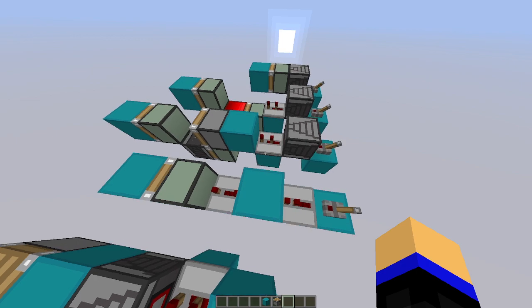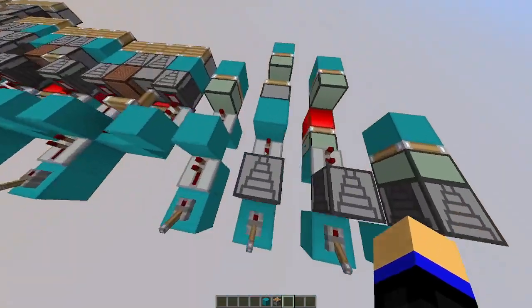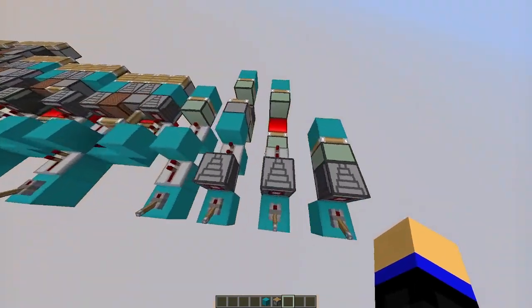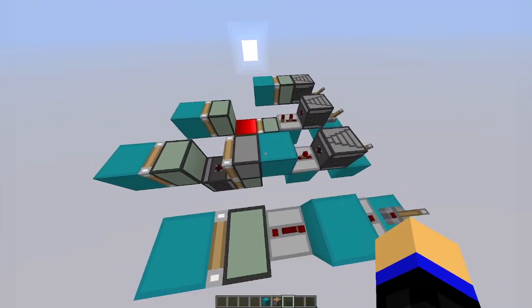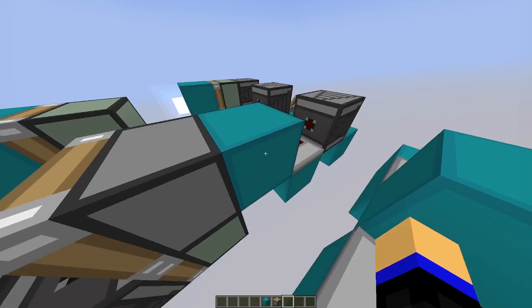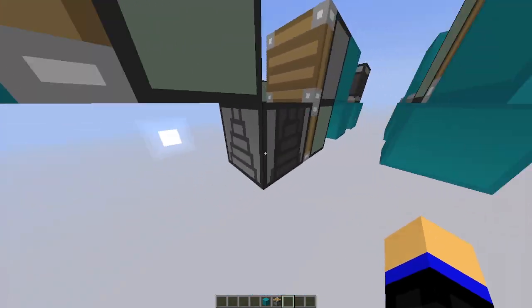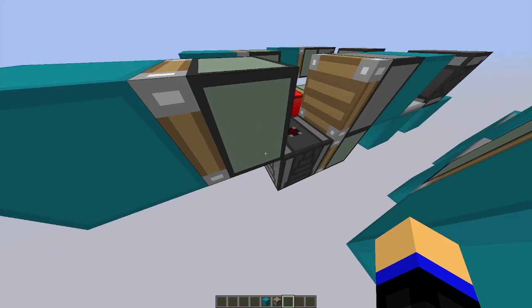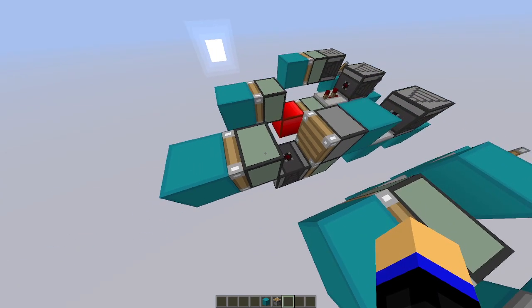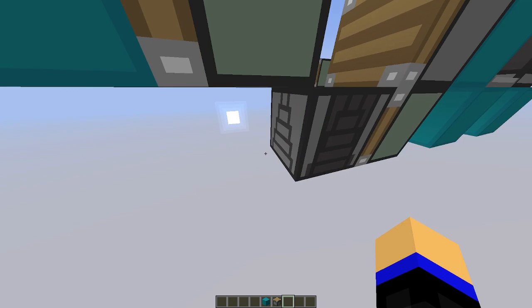Alright, let's look at 3 cases: the 0 tick case, the 1 game tick case, and the 2 game tick case. So 0 tick case, let's count from this block. This is 2 ticks of delay, or 4 game ticks of delay. And this is capital T, 2 ticks or 4 game ticks. What is capital P then?